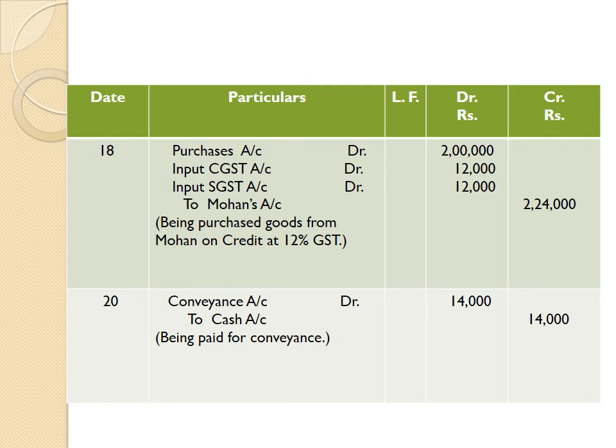Entry for it: conveyance account debit 14,000 to cash account 14,000, being paid for conveyance. This is transaction happened on 20 May 2021.